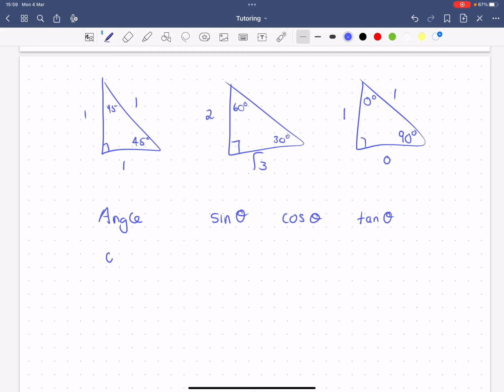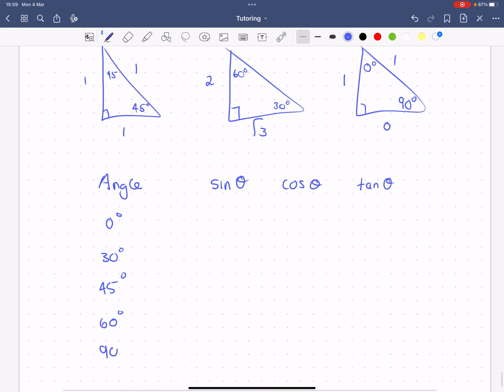Your calculator can't do some things in surd form, which is why these triangles are important, because they help us find these funny decimals such as 0.866 being root 3 on 2. If you type in sine of 45, you'll get 0.707, which is actually 1 over the square root of 2.